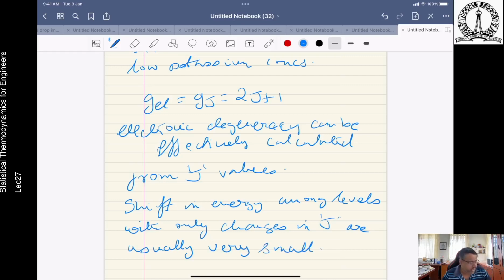This is also given in the table that you can see, that the change in the value of the energies is, for example, 2154.37 and 2153.7. So this variation in energy is very, very low when there are only changes in J.